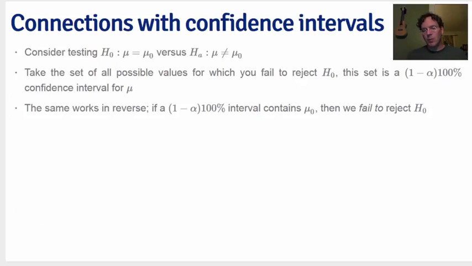Speaking of confidence intervals, in the previous couple of lectures when we covered confidence intervals, we investigated whether or not a hypothesized mean was supported by looking at whether or not it was in the confidence interval. If it was in the confidence interval, then it seemed to be a supported value of the mean, and if it was outside, it was not. You might wonder, how does that procedure compare to formally performing the hypothesis test?